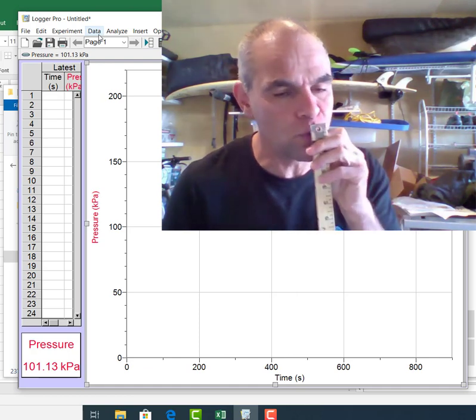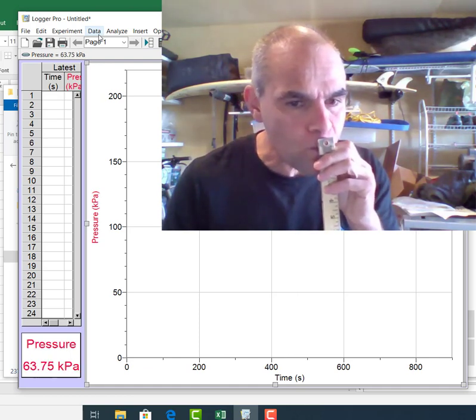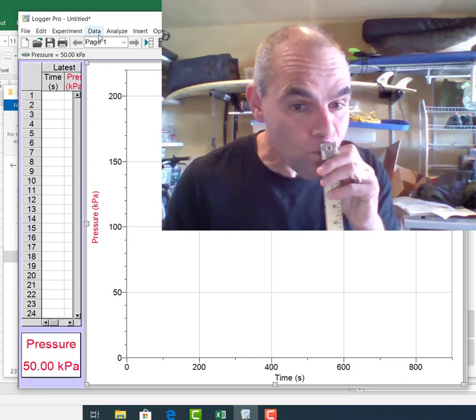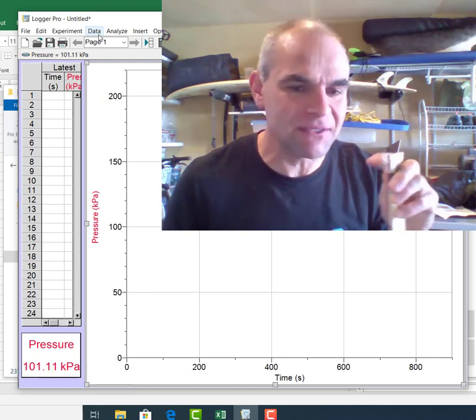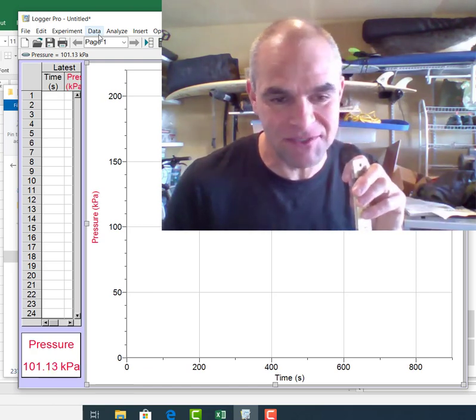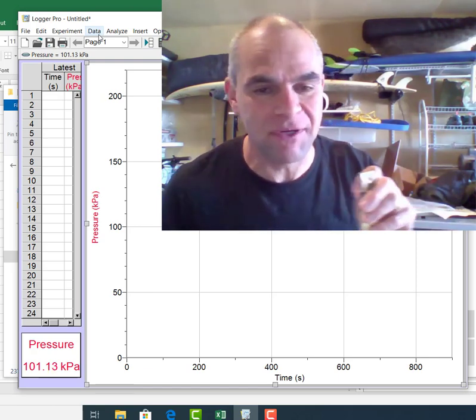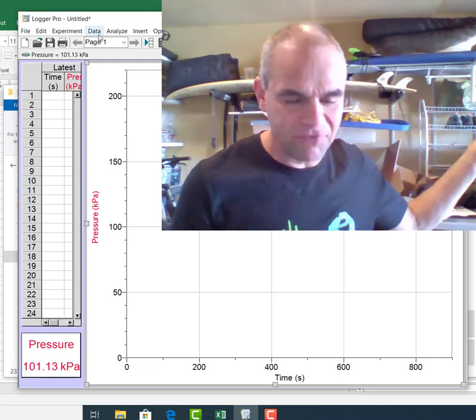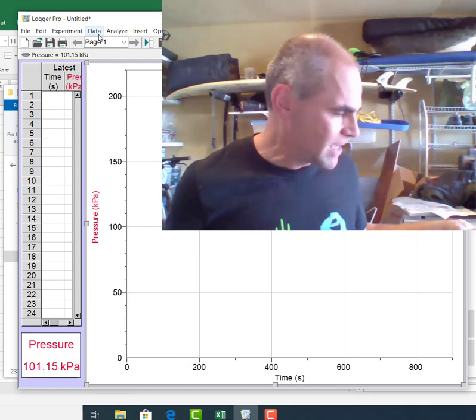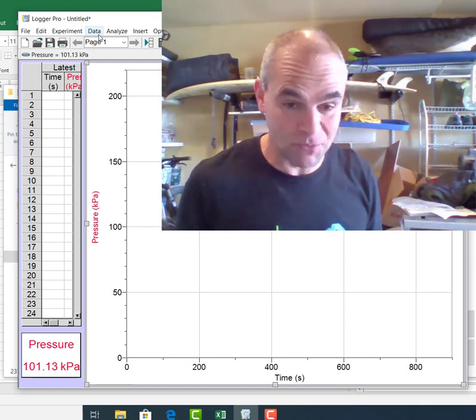Let's see what I can do. That's pretty good. I got it down to 40 kilopascals. So I could make it lower by about 60 kilopascals and higher by about 20 by either sucking or blowing on the straw here. All right, so hopefully you can see that's how I can measure pressure.